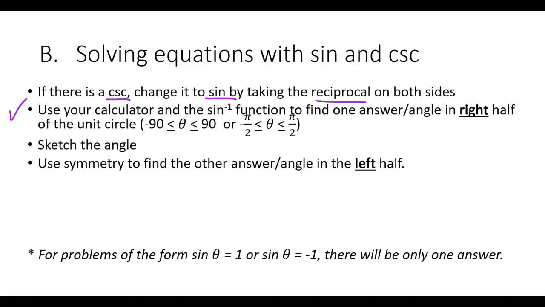But once again, when I use my calculator, you guys should probably draw this with me. When I use my calculator, it's only going to give me answers from the right half of the graph. It can't give you more than one answer, and so it's going to give you an answer from the right half of the graph. So after you get your one answer, let's say it was like right here, for instance.